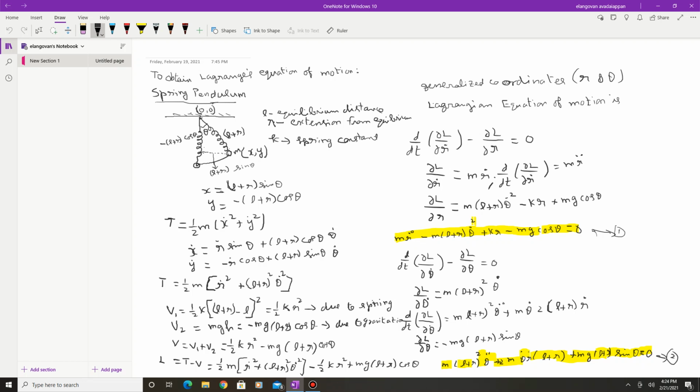Now you substitute these 2 values, the d by dt of partial dL by d r dot as well as partial dL by dr, in that Lagrange's equation of motion. Then you will get the expression: m r double dot minus m (L plus R) theta dot square plus k r minus mg cos theta is equal to 0.